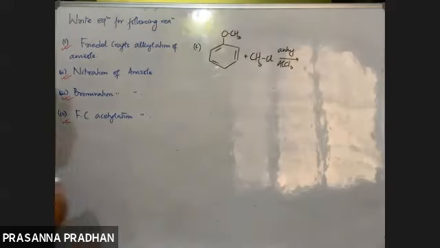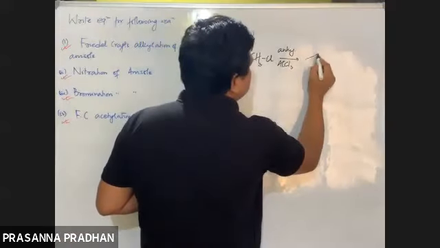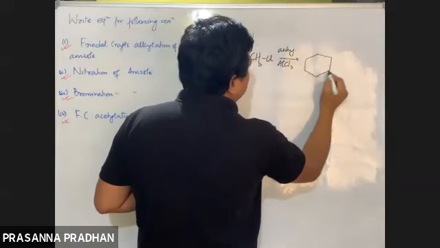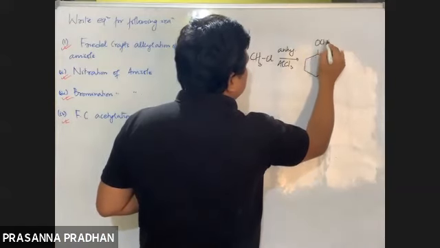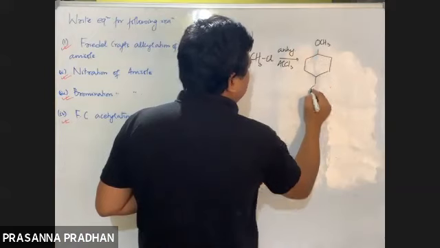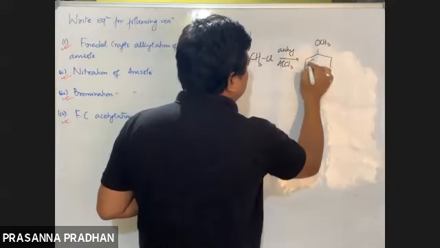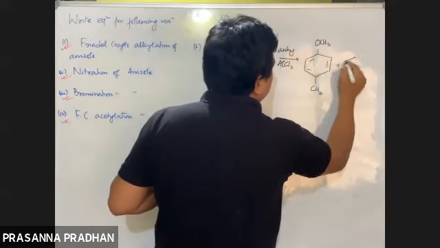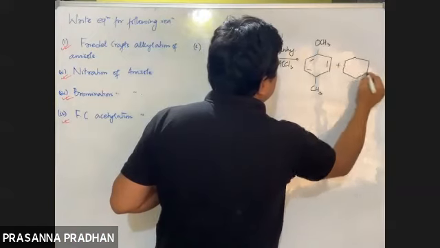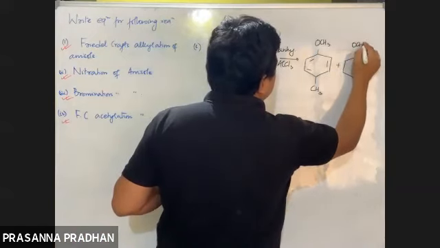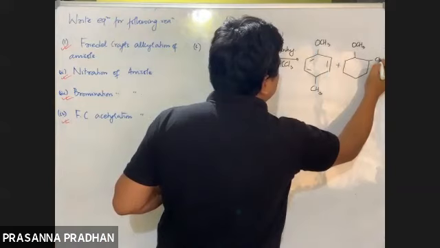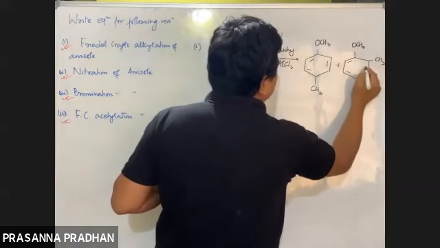Which group will come in the para position and ortho position? One of the alkyl groups will come in the para position, and the other product we get is where the alkyl group comes in the ortho position.